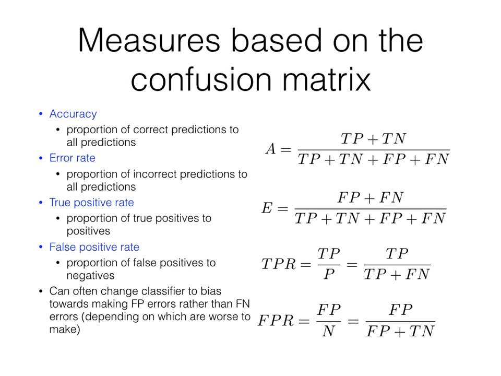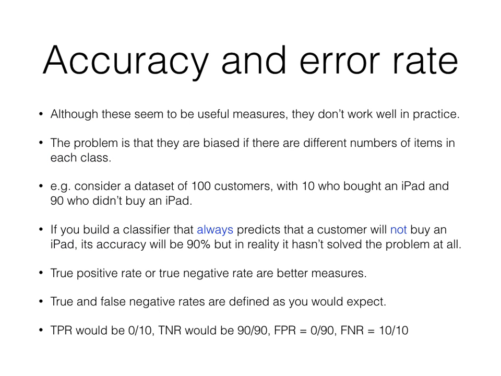So we can often change classifiers to bias them towards making type 1 versus type 2 errors. And it's a common trick that you use when you have an unbalanced data set. So something like fraud detection or those kinds of problems. So accuracy and error rate seem to be really useful measures, but they don't work very well in practice.